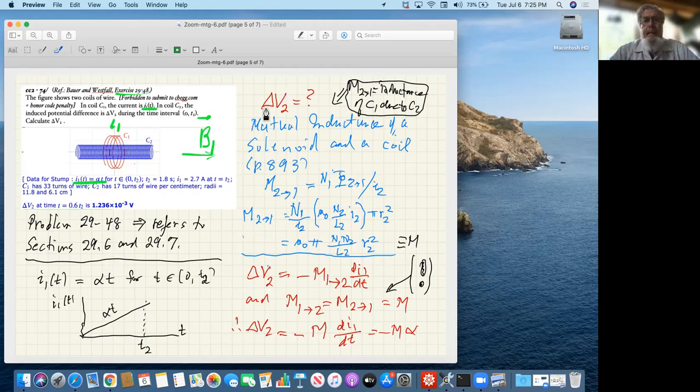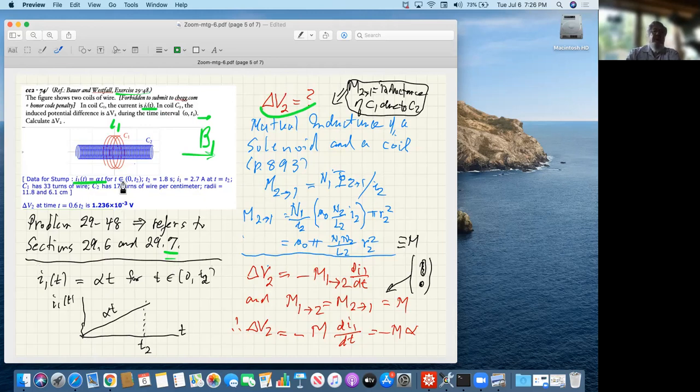Now, okay, so the problem is to calculate delta V2. Now, there's a similar problem in section 7 of the mutual inductance of a solenoid and a coil of wire.